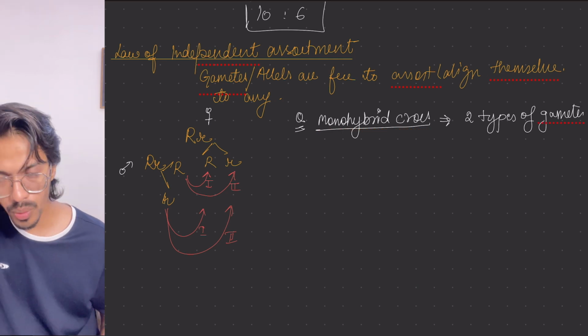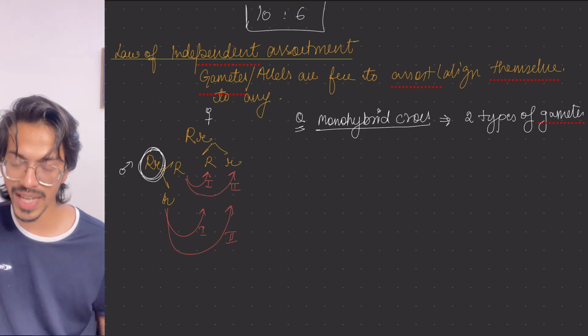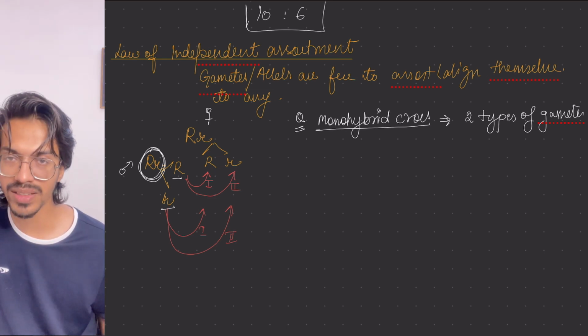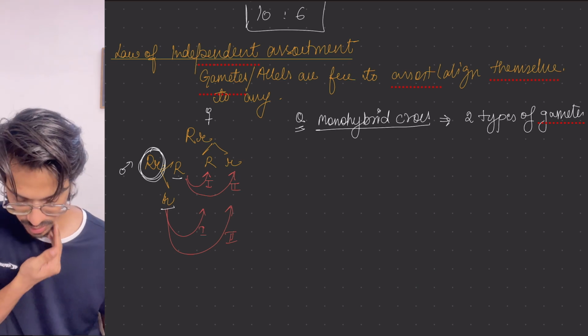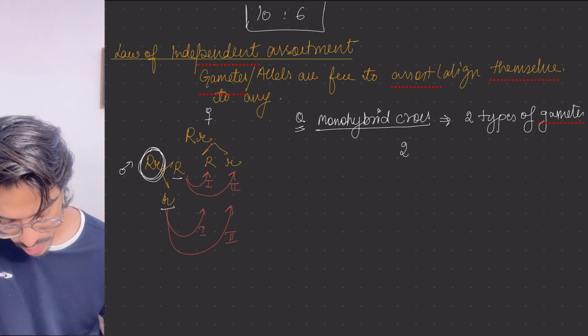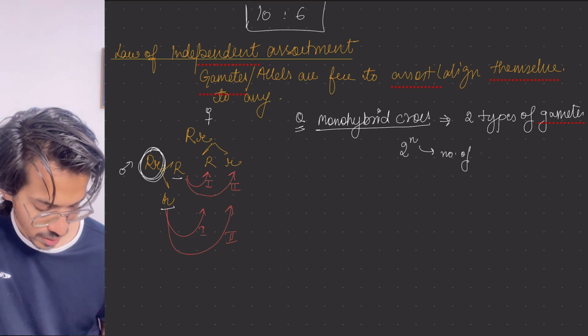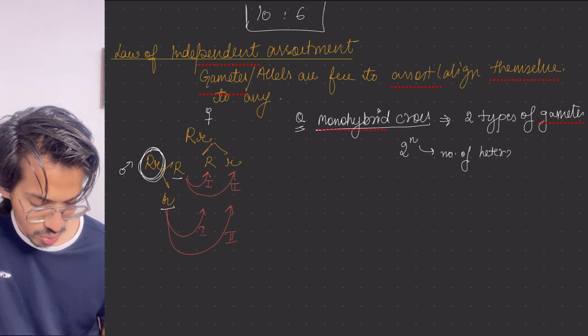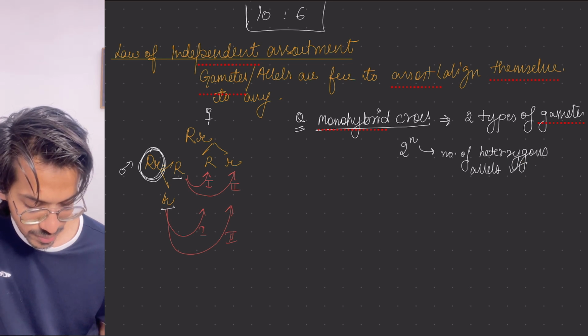I am taking one gene only, so only two types of gametes form, either capital or small type. So this is 2 raised to power n, where n is the number of heterozygous alleles present.